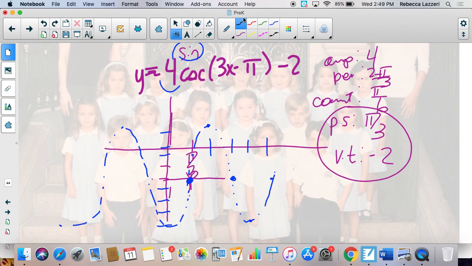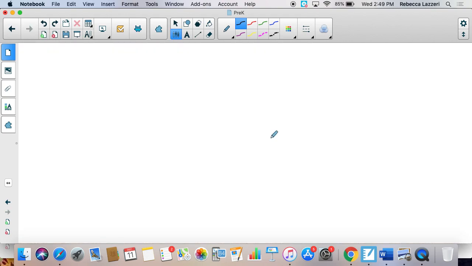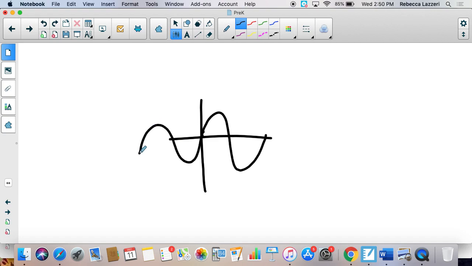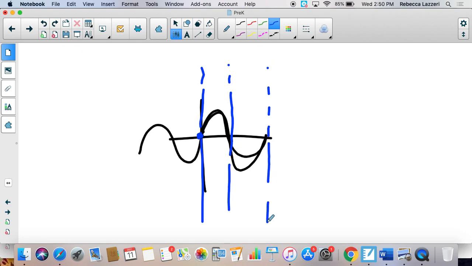Now, look at this. Here's a normal sine wave, the first one you ever saw, okay? What's the reciprocal of 0? Undefined. So everywhere it hits the midline, your cosecant graph will be undefined.